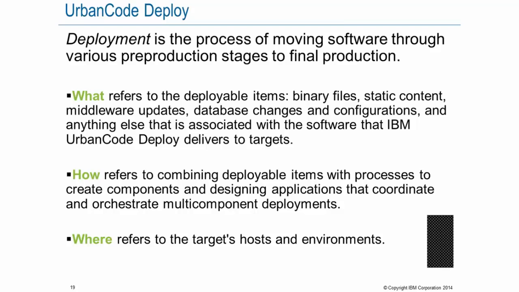They could be database changes, SQL, or other configurations. Okay. Anything associated with that software that you want to deliver to those targets. The how is referring to how the deployable items are going to be deployed through some process, the component process. And the where refers to the target host environment. Okay, next slide.